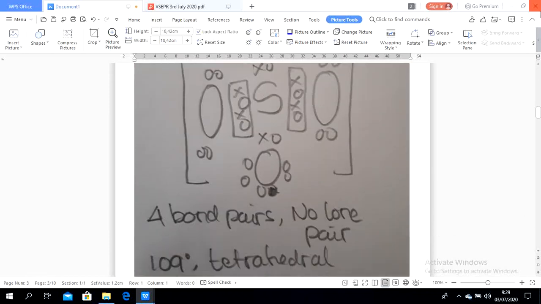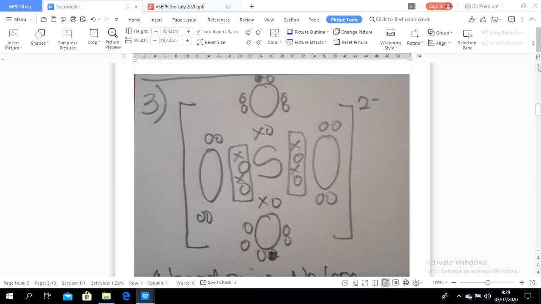So we have to draw the diagram of the sulfate ion. Sulfate ion is like this one. There are 2 double bonds between S and O. We know that a double bond occurs because of overlapping of the s and p orbitals of the same atoms. So these double bonds can be considered as single bonds. So there are 2 electrons gained.